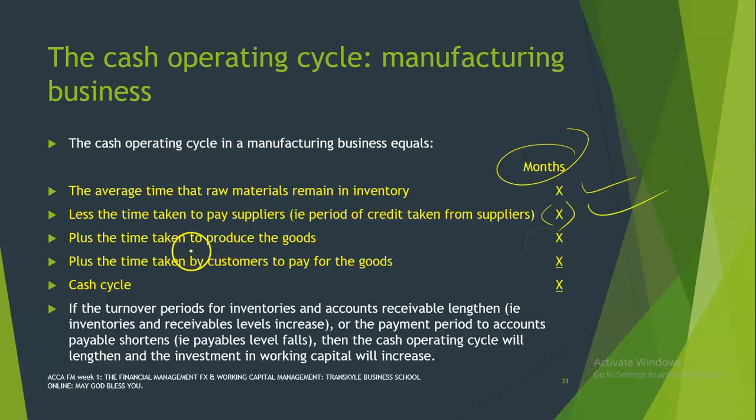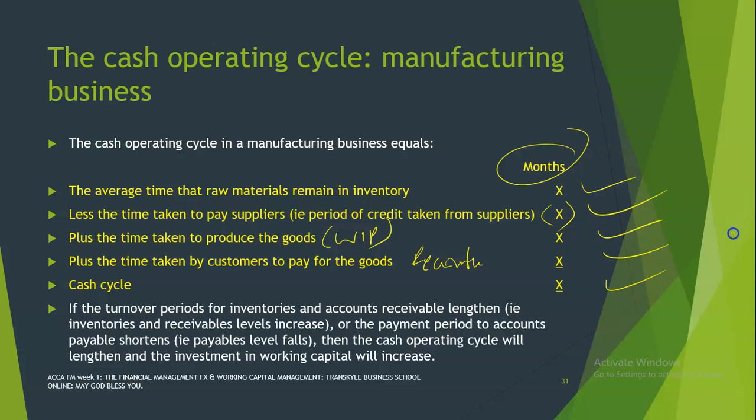And then plus the time taken to produce the goods, which is usually the work in progress time. Then plus the time taken by customers to pay for the goods, the receivables time, and then the cash cycle.